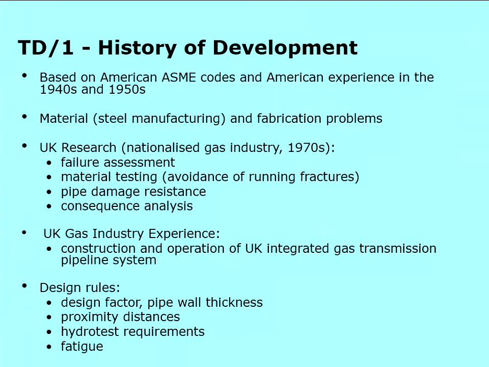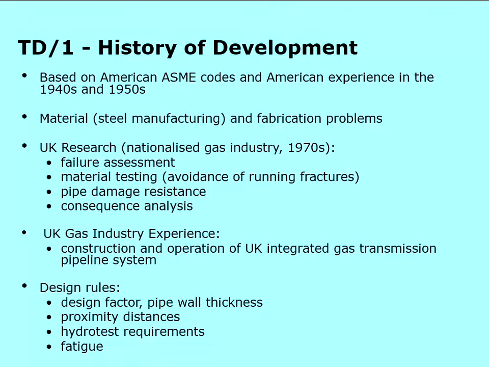So the way it does this, it's based on the thinking in the ASME code. The ASME code actually defined a fixed corridor across the pipeline and then said you've got to control buildings within that corridor, and depending on the buildings that are there, you've got to change the design factor of the pipeline. The principles were seen as being robust and needed to be applied, but they wanted to apply them differently in the UK.